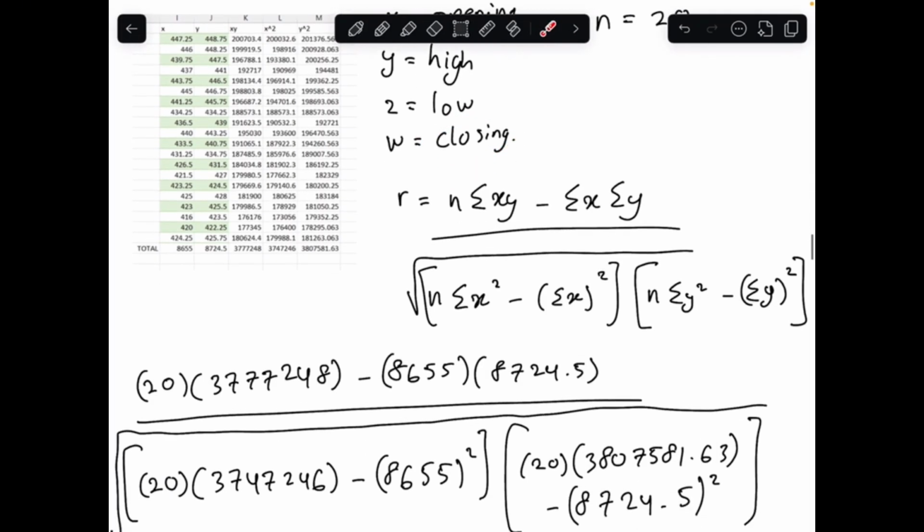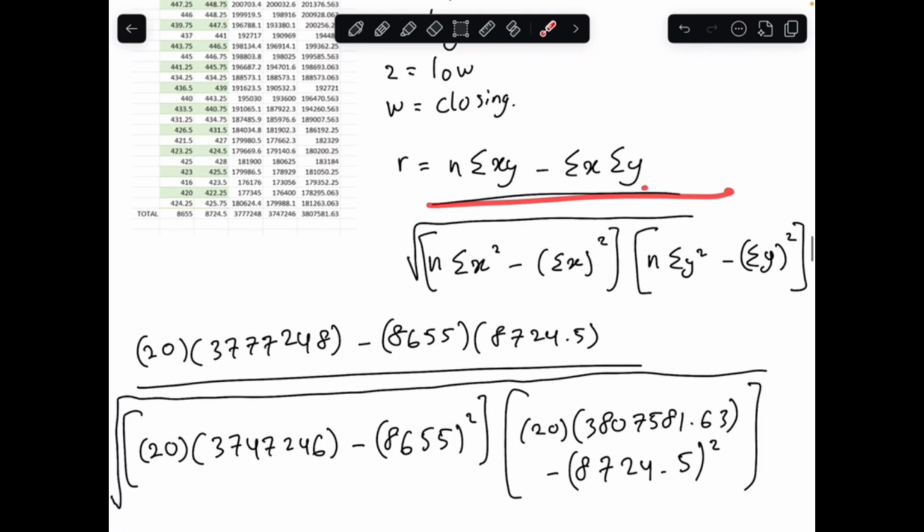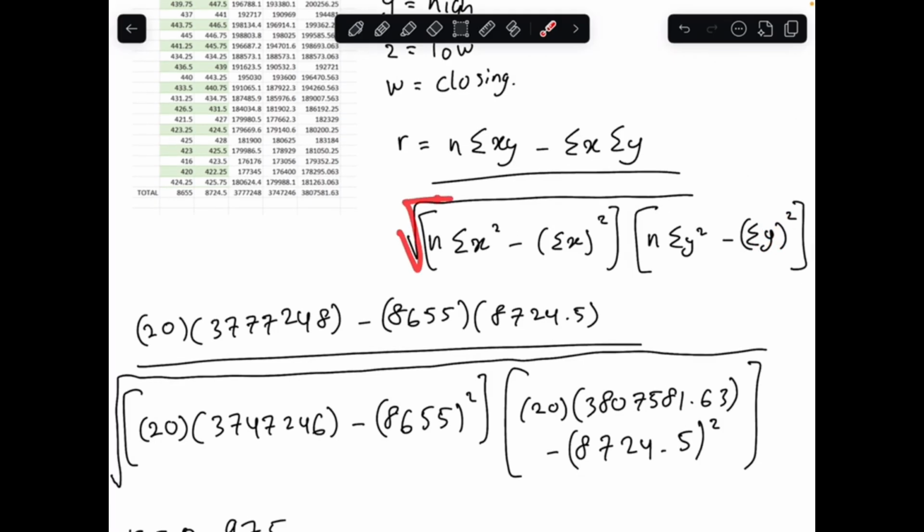In this question we will use the formula r equal to n sum of xy minus sum of x times sum of y, over the square root of n sum of x squared minus sum of x squared, times n sum of y squared minus sum of y squared. And lastly, don't forget the square root.